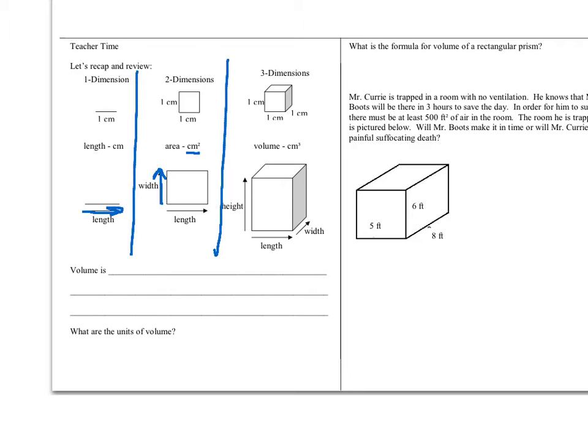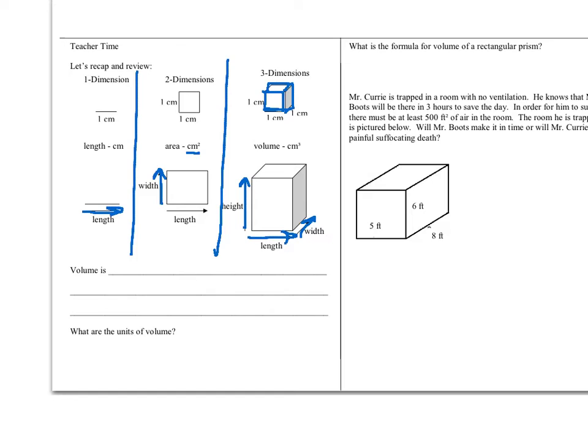When we move into 3 dimensions, we add the third dimension, length, width. We usually add height to it. So that means we now have 3 dimensions going on here. And that gives us these cubes. So when we're measuring in 3 dimensions, we're measuring in terms of how many of these little cubes, cubic centimeters, cubic feet, whatever they are, how many cubes can we toss into our object?